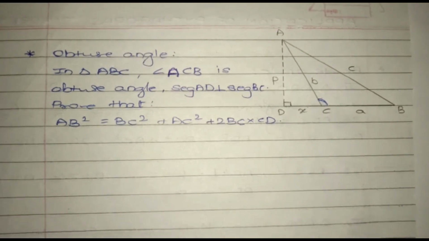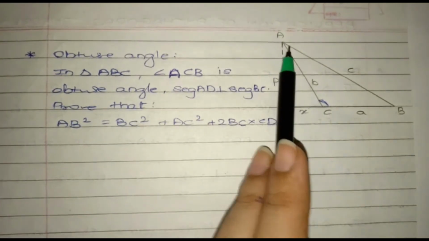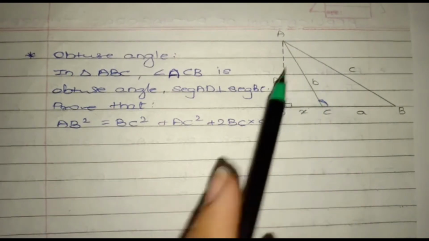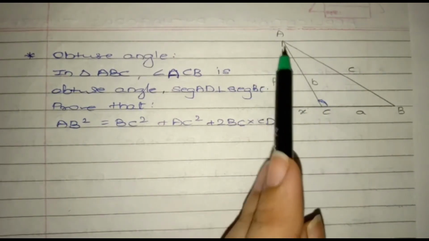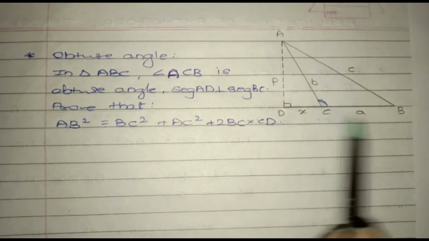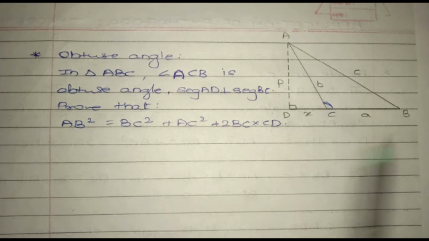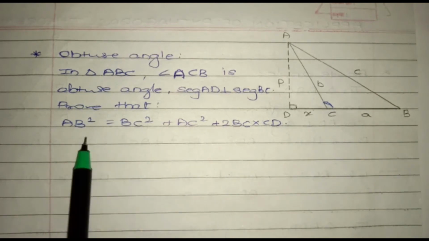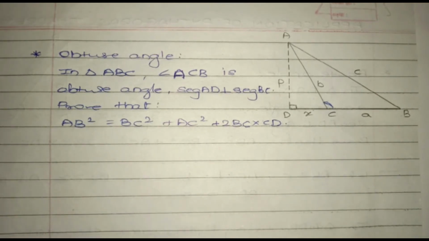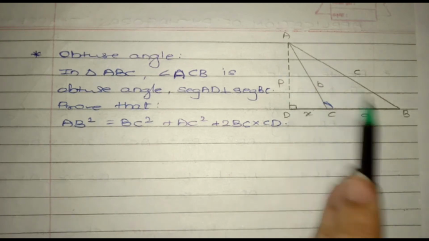Okay, so again we are going to consider two right angle triangles, that is triangle ADC and triangle ADB. Use Pythagoras theorem, and then using those two relations we are going to prove this derivation.